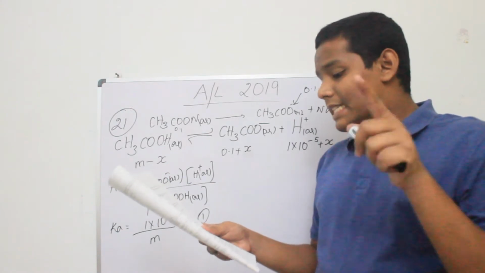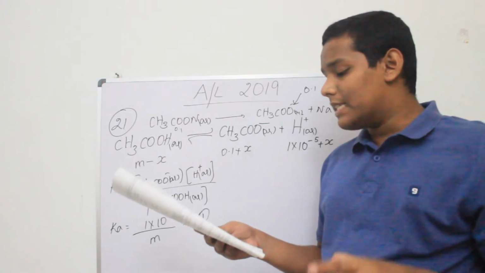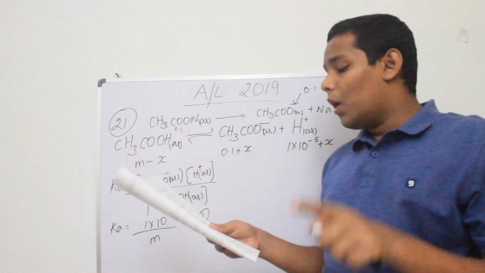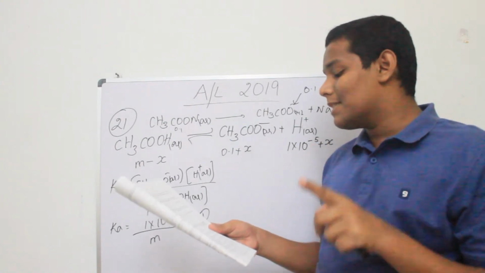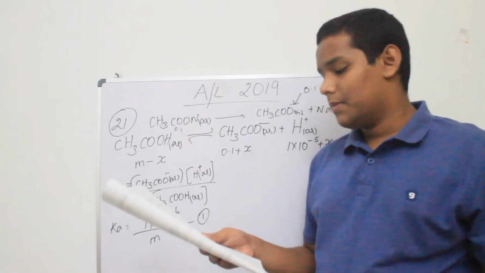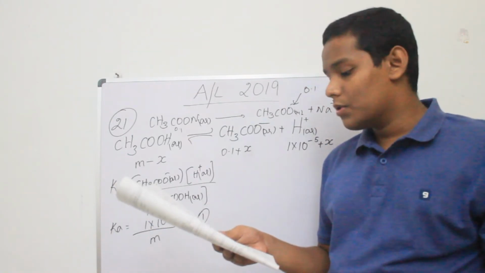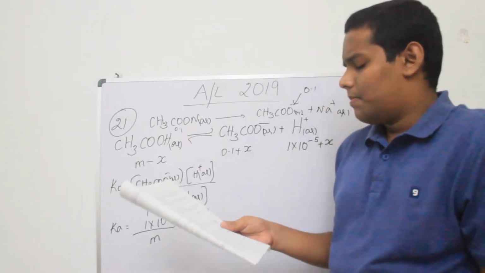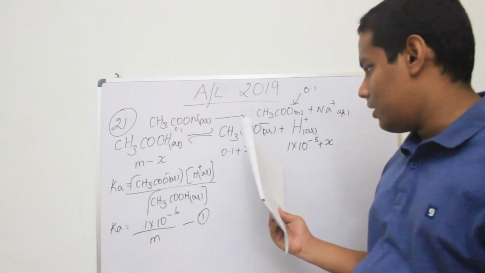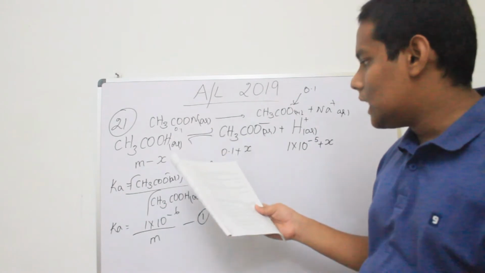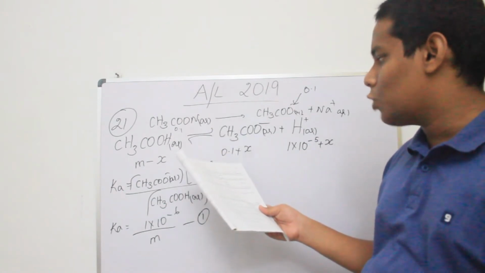Look at the next situation. The pH of the resultant solution when 20 cubic centimeter of this buffer solution was mixed with 90 cubic centimeters of 0.1 mole per cubic decimeter of the weak acid solution. Now we need to find the H plus aqueous concentration when the CH3COO minus aqueous concentration is not known.